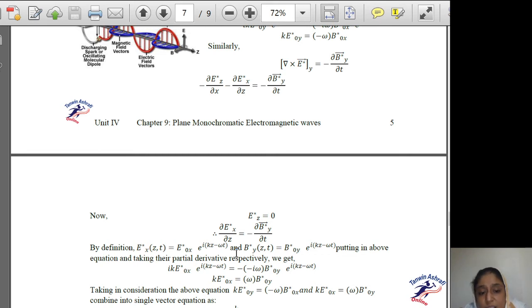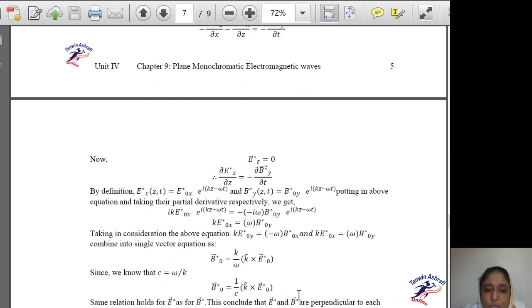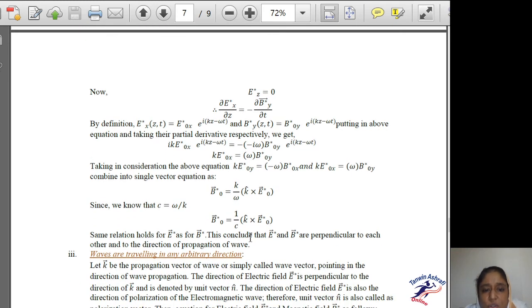Taking into consideration these two equations and combining them into a single vector equation, we get that vector B, which is the amplitude of the magnetic field, is equal to k by omega, vector k cross product with E. Now we know that k by omega is nothing but 1 upon c, since c is equal to omega by k.